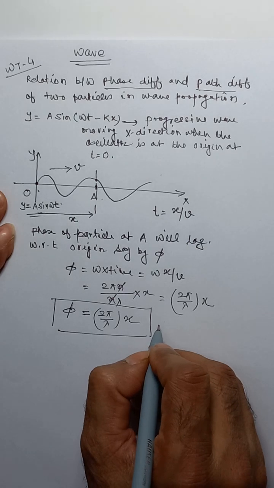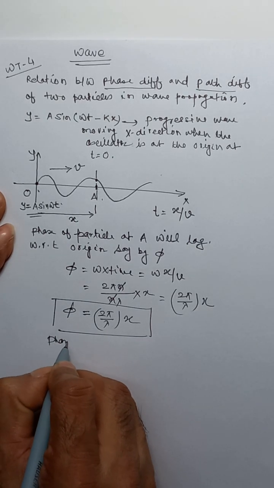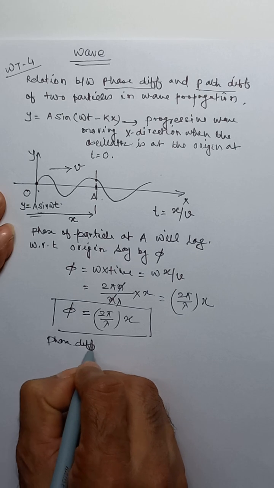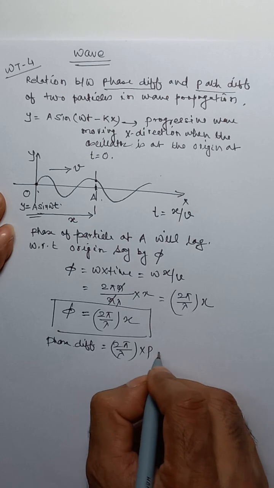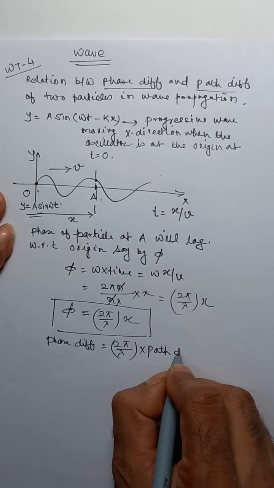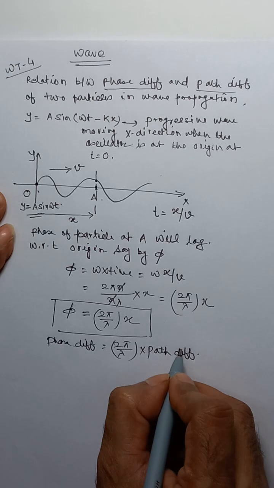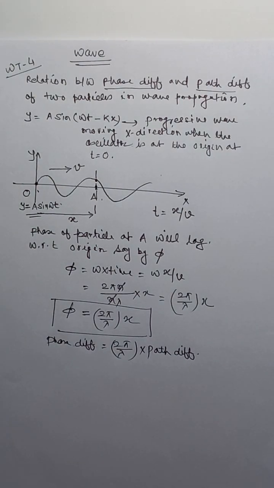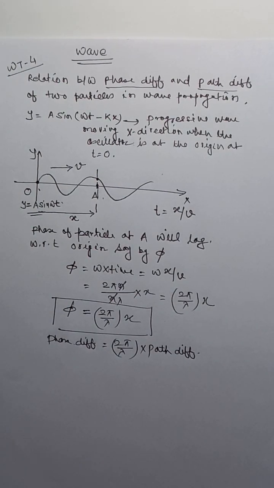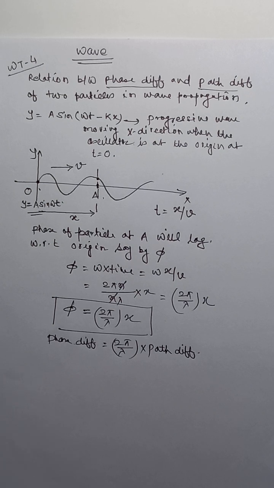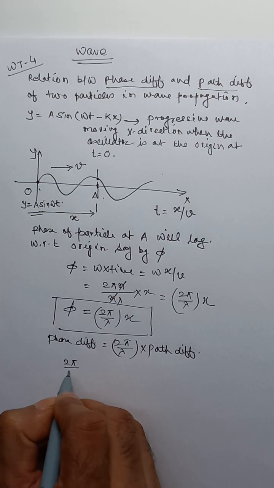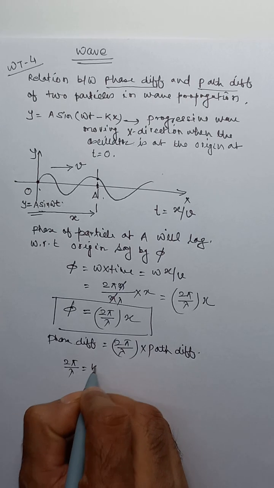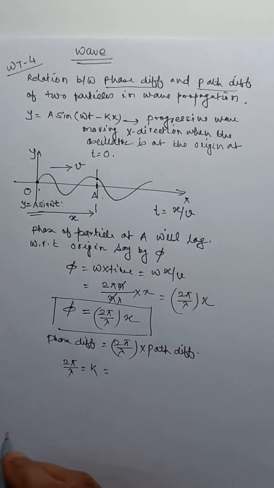So phase difference is equal to 2 pi by lambda times path difference. If we know the path difference between the two points, we can directly calculate the phase difference between the two particles. And 2 pi by lambda, as we have discussed before, is equal to k, which is known as the angular wave number.